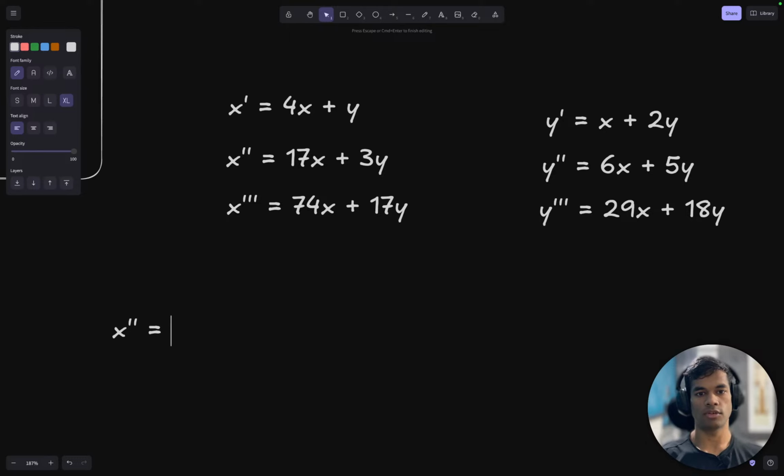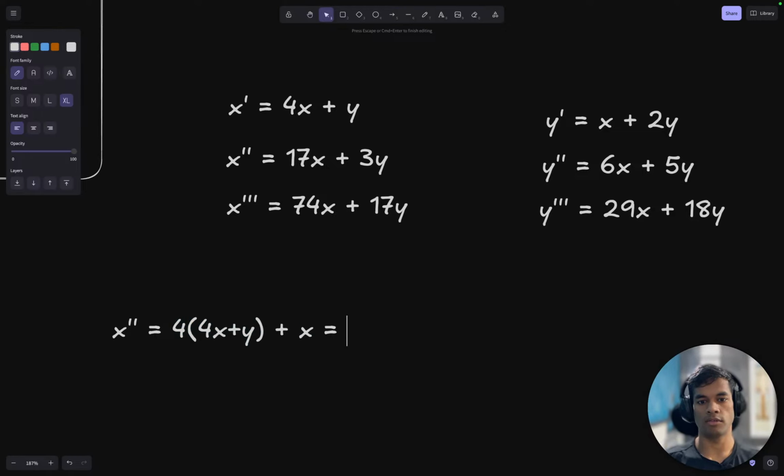x double dash equals 4 into 4x plus y. So 4x from here, 16, and plus x plus 2y. Yes, it is 6.